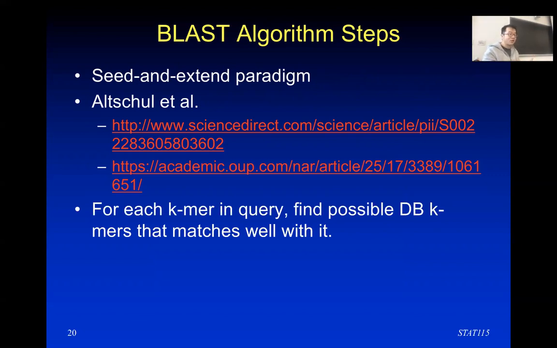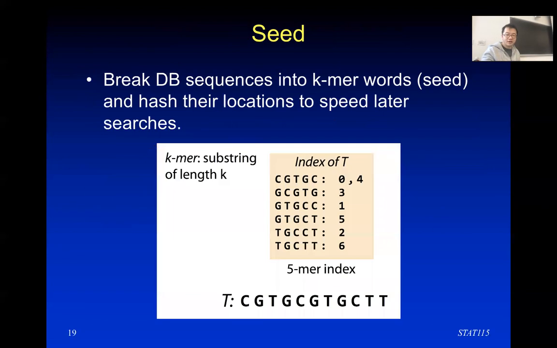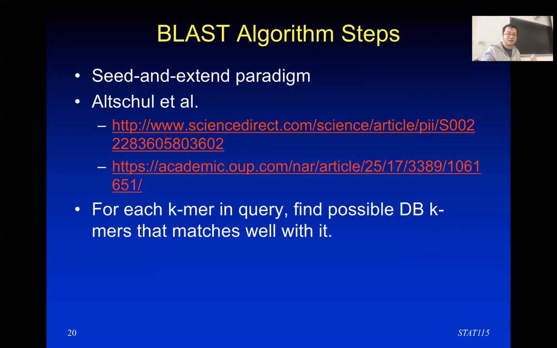In BLAST, it does not only look for exact k-mer matches. It also allows some differences in the k-mer matches. Like if a read has CGGGC, it will still try to use CGTGC to look for the position on the genome of interest.